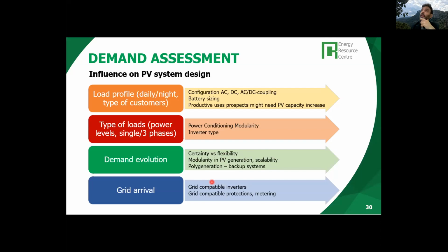And also, what happens if we are in an off-grid situation and the grid is arriving? Well, we need to consider in our design grid-compatible inverters and also protections and metering that will be able to work together with the grid.